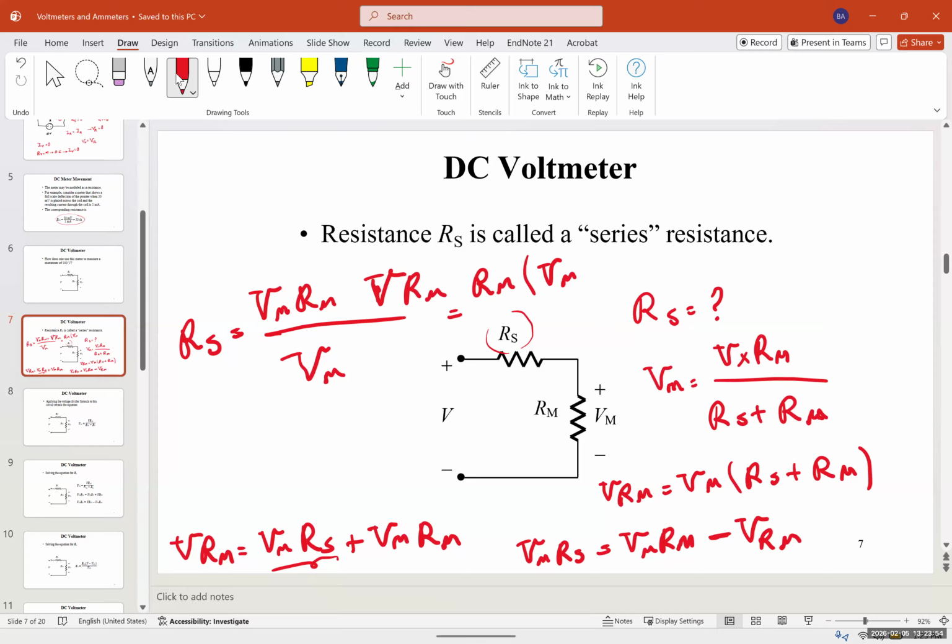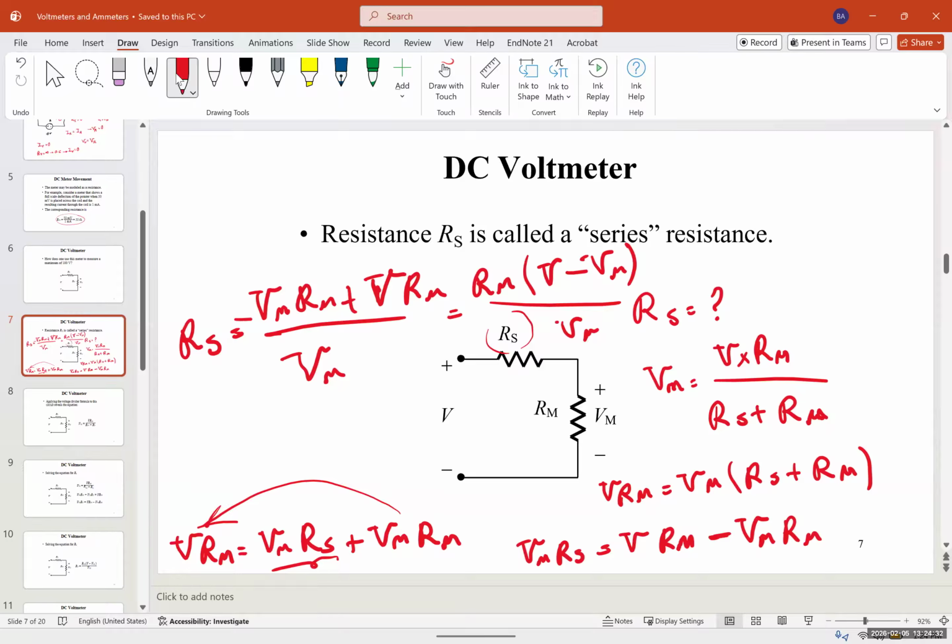I forgot to change the sign when I moved it to the other side. So it's going to be negative Vm Rm. So Vm Rs is going to be V minus Vm times Rm, and Rs is that over Vm.